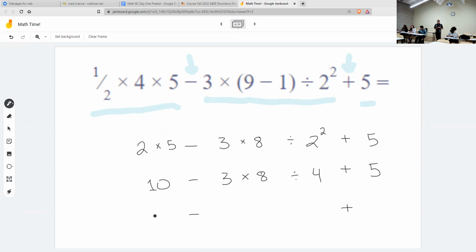Then if I just have multiplying and division, I go left to right. So 3 times 8. 8 and 8 is 16, another 8 is 24. And then finally, in this middle term, 24 divided by 4 is 6.